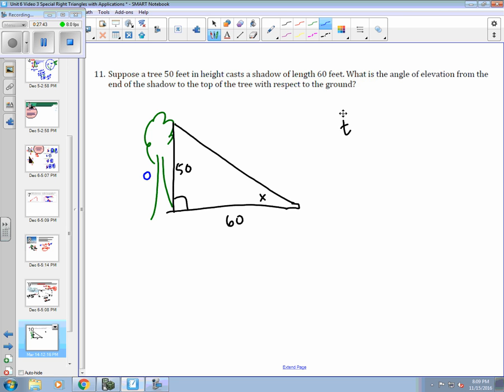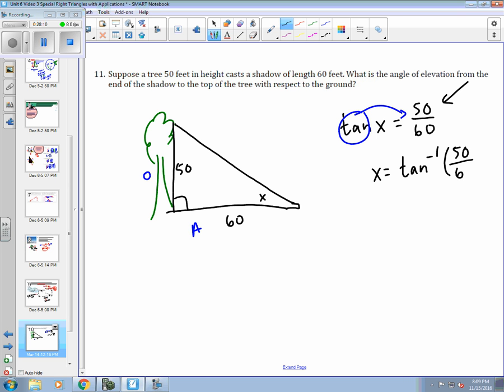It is opposite and adjacent again, which means this is a tangent problem. Tangent of what angle we don't know right now equals opposite over adjacent. This one, don't times by 60. We got all the numbers over here. We need to get x by itself. This is one where you got to move the tangent over. And when you move the tangent over, recall that it turns into inverse tangent.